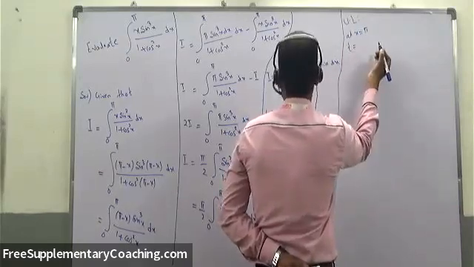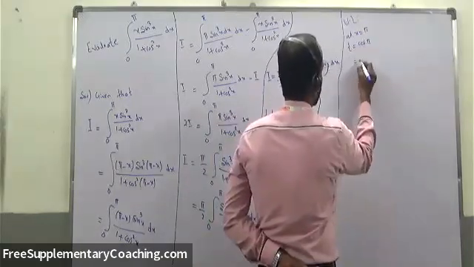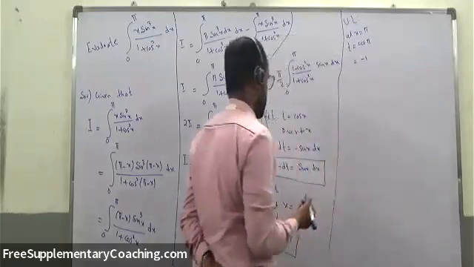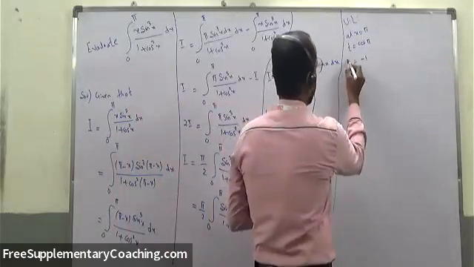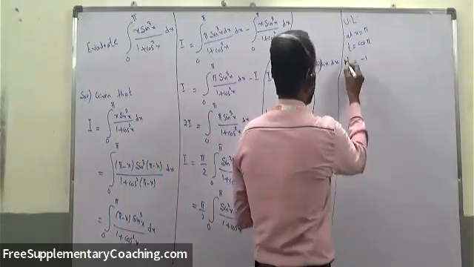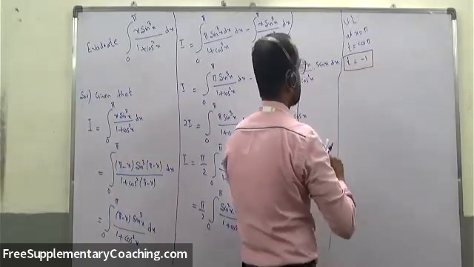So t is equal to cos x, that is cos pi. Cos 180, we know that it is minus 1. So we have got lower limit as well as upper limit values.